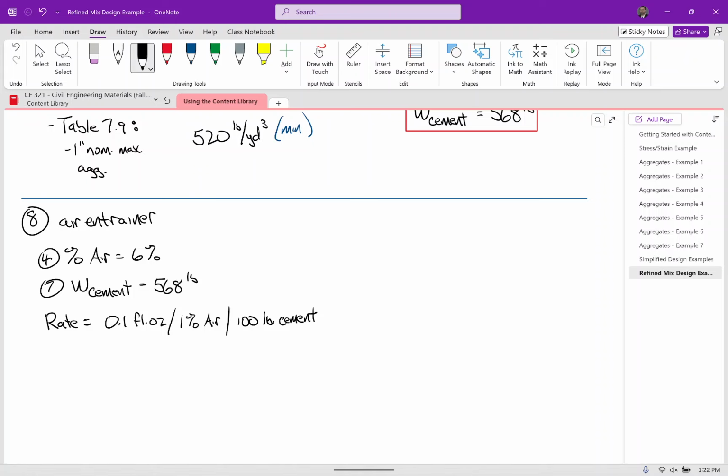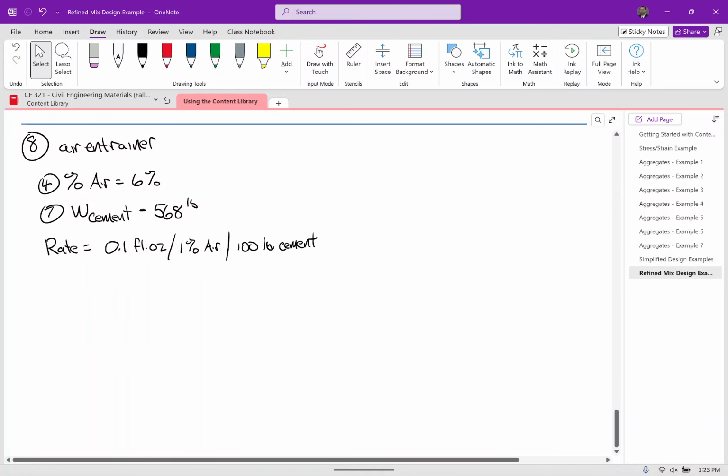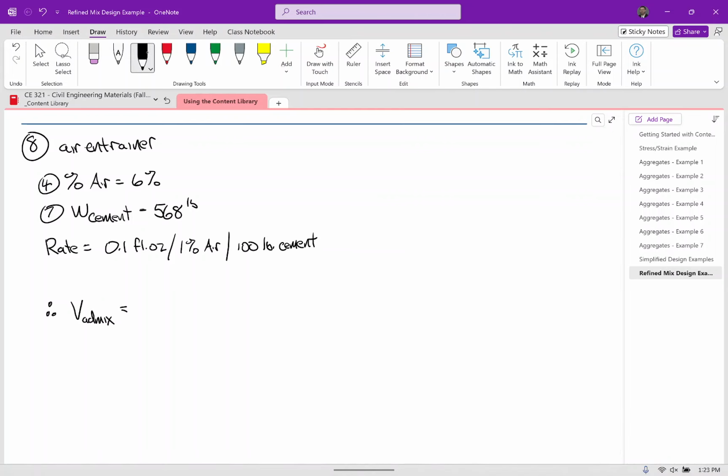So we need to figure out how much admixture we're putting into our batch, and it's really easy. 0.1 fluid ounces will give me 1% air. I need 6% air.